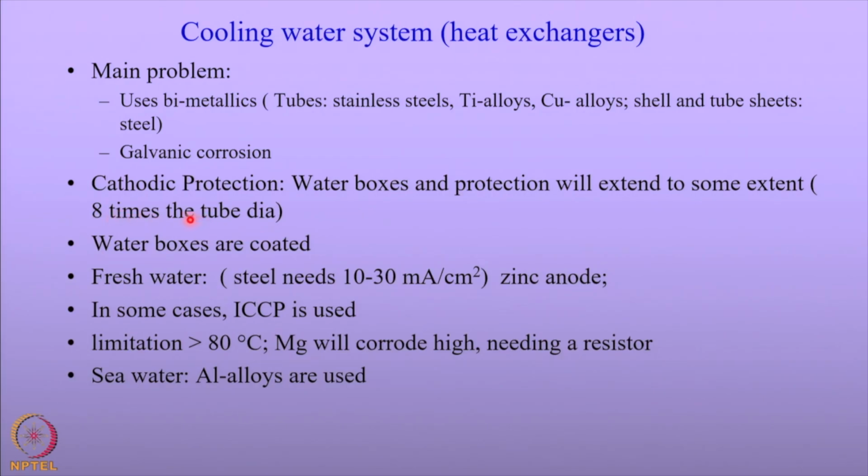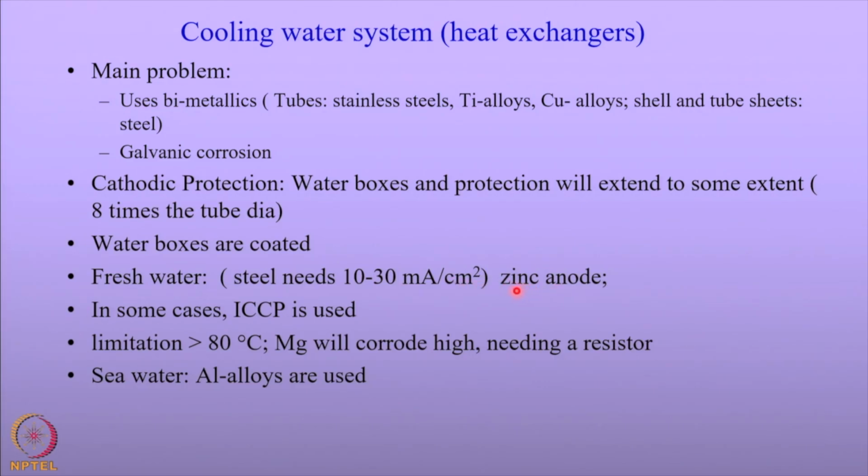So, the galvanic corrosion in that location is significantly reduced because of the cathodic protection offered for the water boxes. The water boxes are generally coated, and for fresh water the current required for cathodic protection lies in the range of 10 to 30 milliampere per centimeter square, and zinc anodes are generally used.